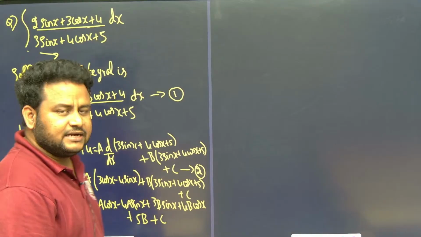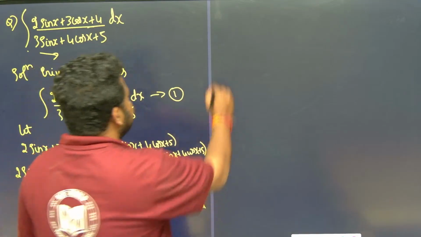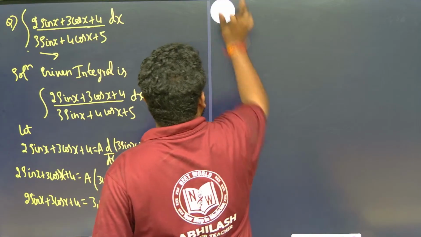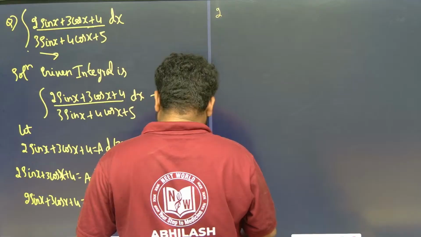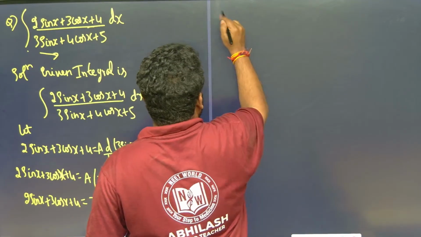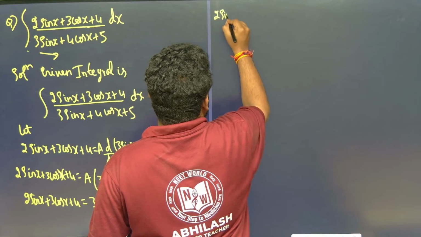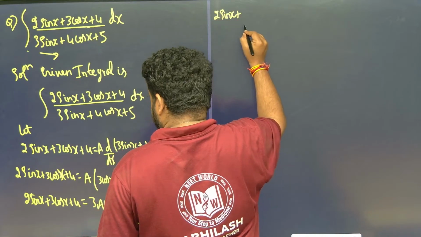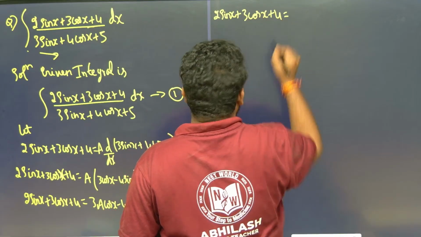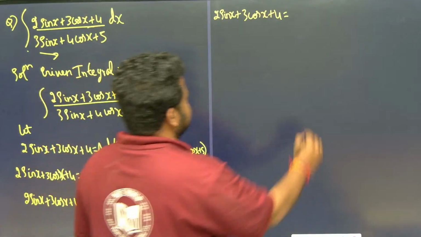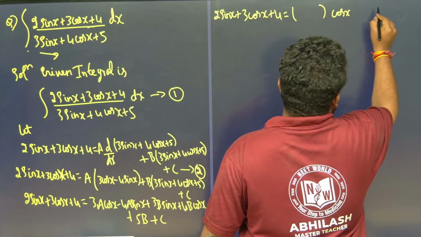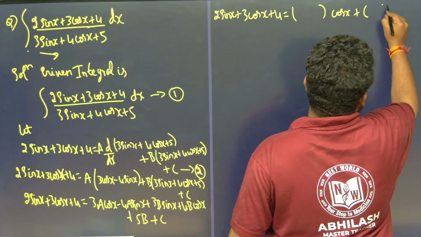Now let us write them in terms of the coefficients. So 2 sin x plus 3 cos x plus 4 should be equal to, let me write the coefficient of cos x here, plus the coefficient of sin x.